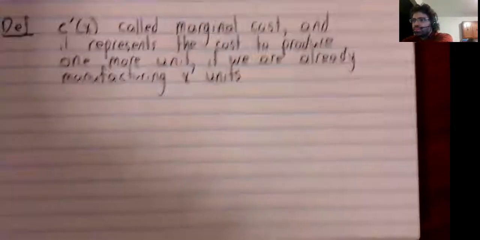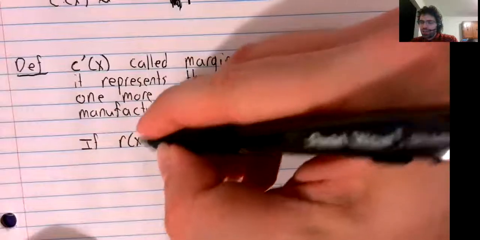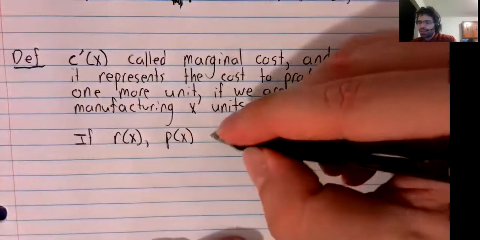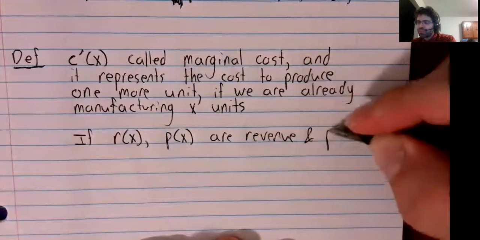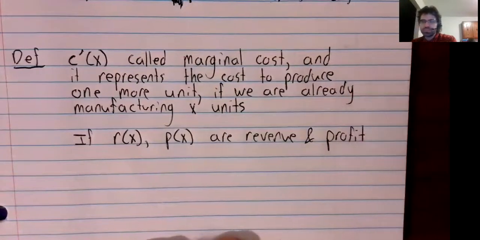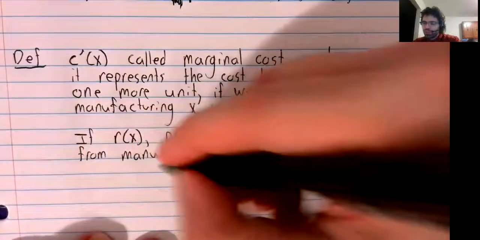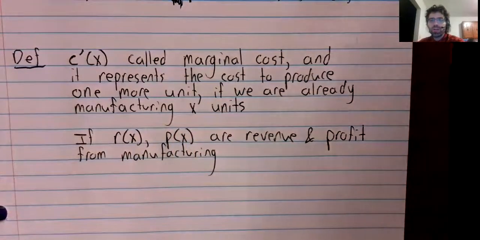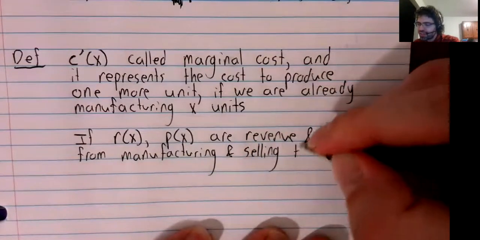And if R of x and P of x are the revenue and profit from, remember, we're not manufacturing these units for our amusement, we're manufacturing them and selling them.